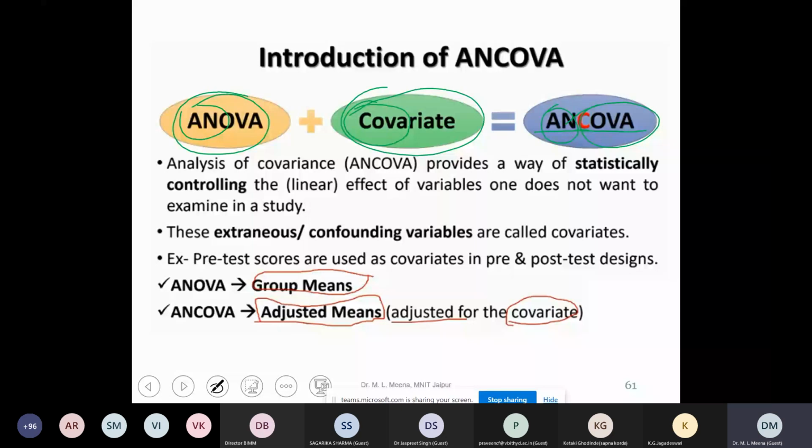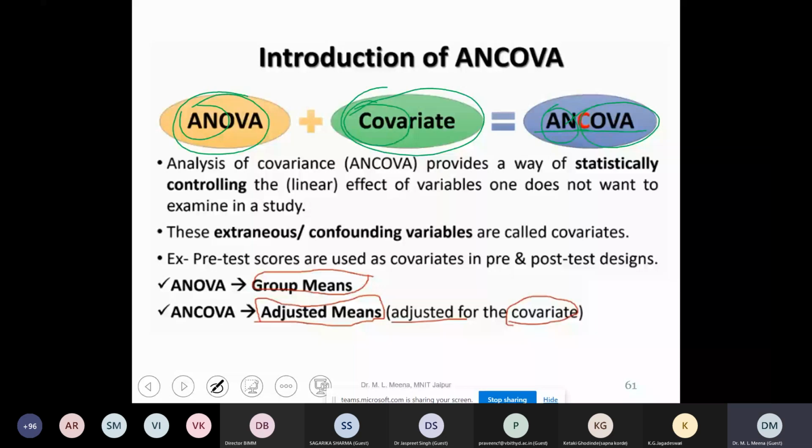Basically, the definition of ANCOVA: ANCOVA stands for analysis of covariance, an extended form of ANOVA that eliminates the effect of one or more interval scaled extraneous variables from the dependent variable before carrying out research.